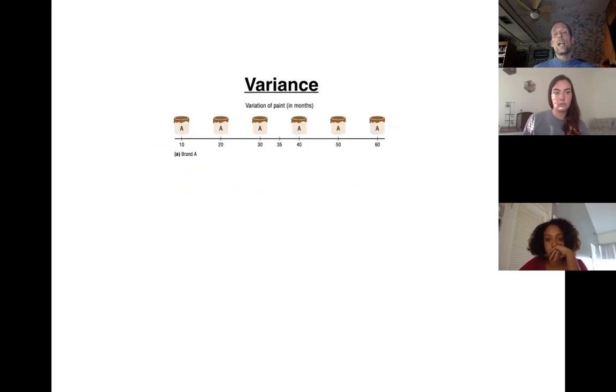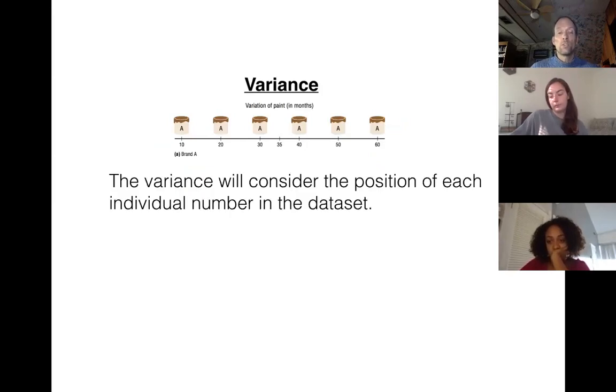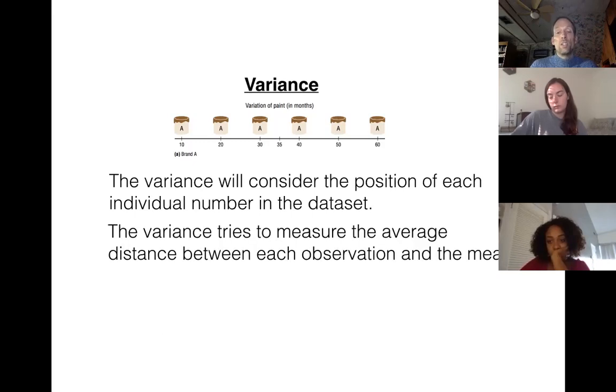Okay, so this is going to motivate our need for the variance, because we have to have some kind of a measure of dispersion that'll take into account the position of every number in the data set. So what the variance is going to do is consider all those positions and try to measure the average distance between each value and the mean.